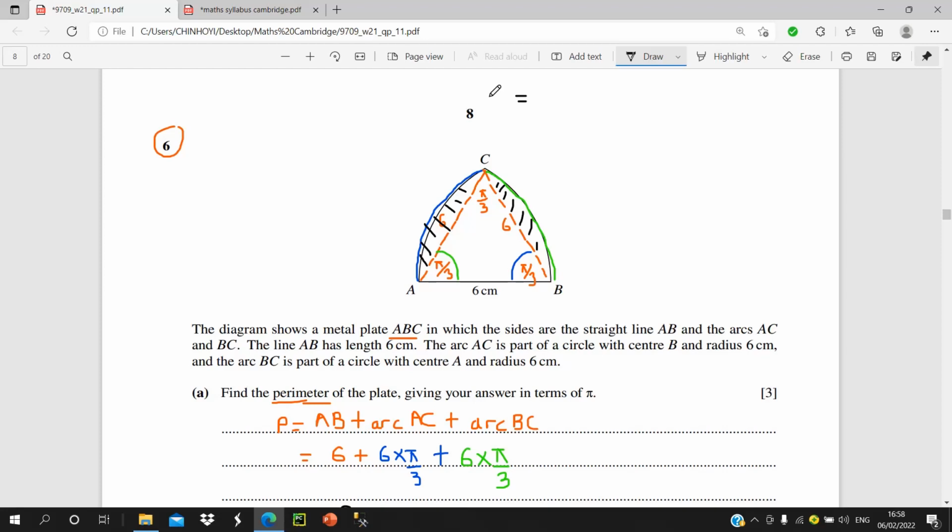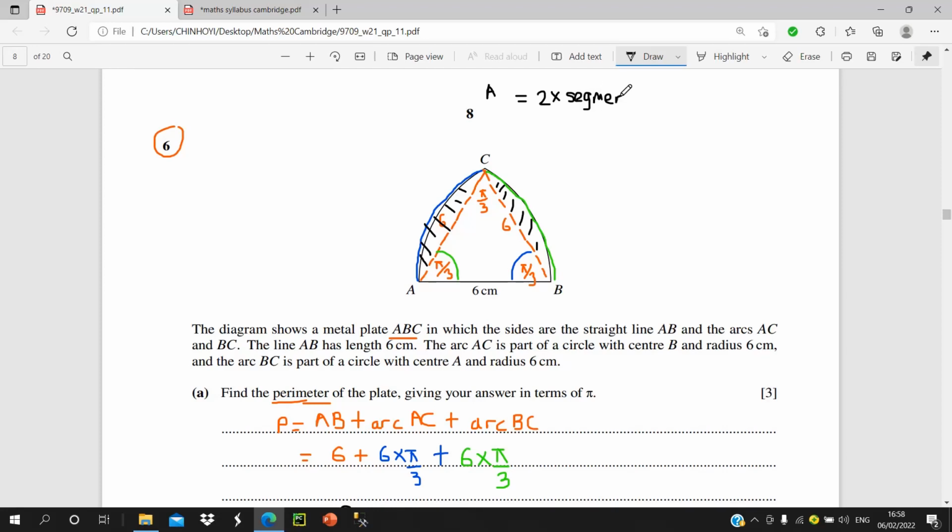So for the area of the plate, I think the best way is to write how you are going to get the area. Like I've said, it's 2 times the area of the segment. The segment is the region I've shared.